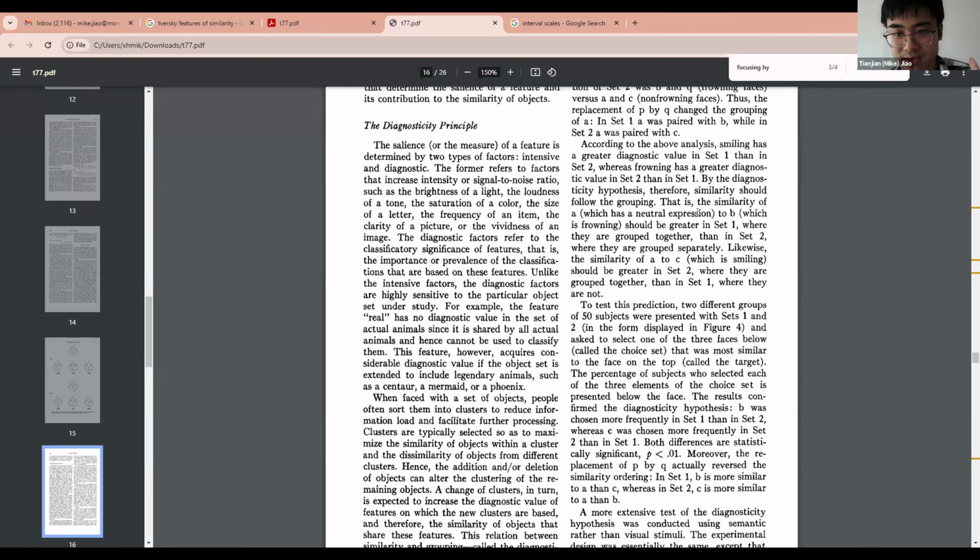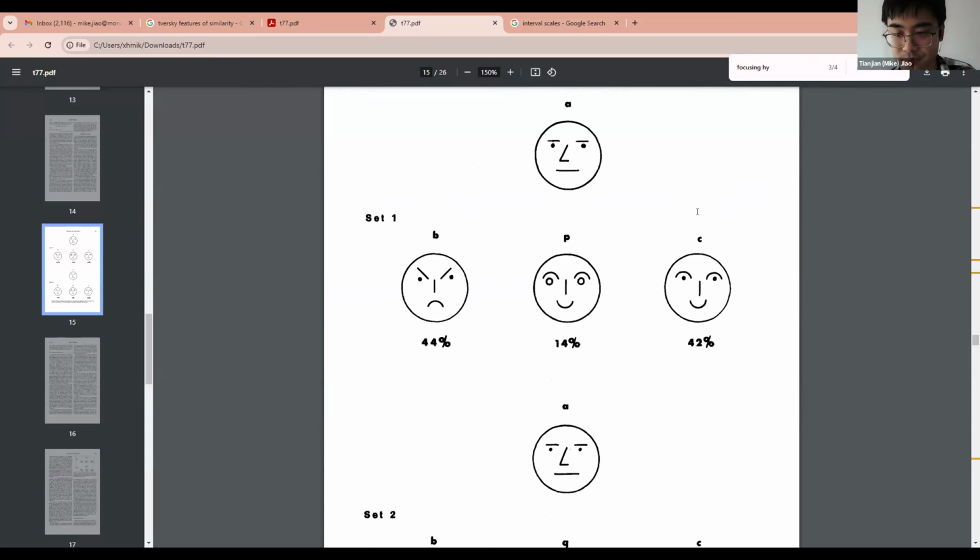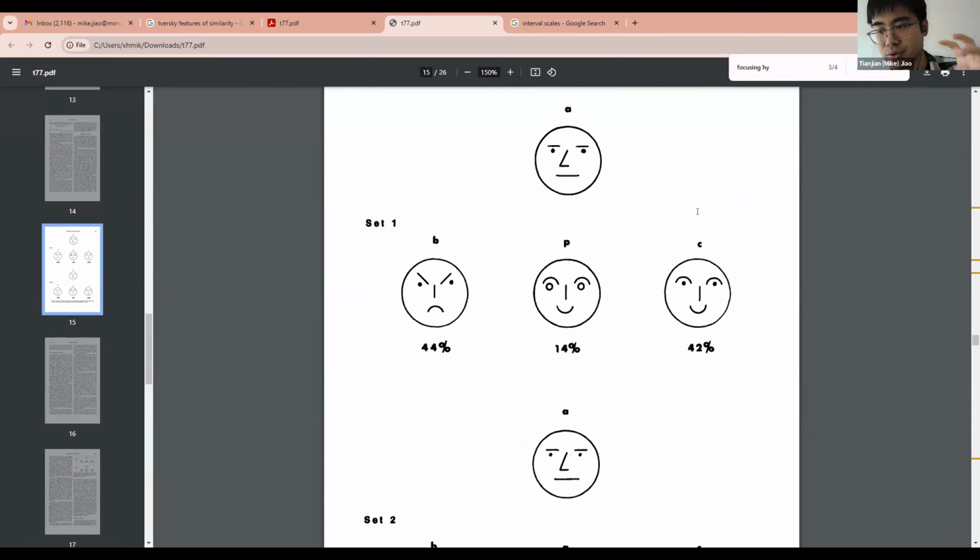A less abstract example is by looking at these faces. Once again, similarity really contributes to how we group things. So by manipulating how we create these clusters, we can essentially manipulate the salience using these context effects.